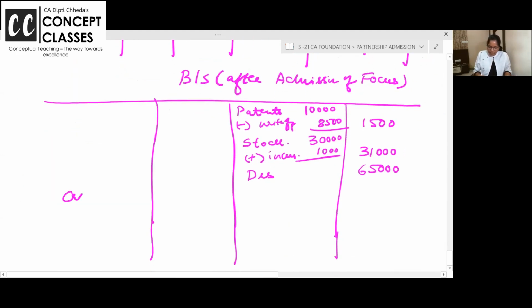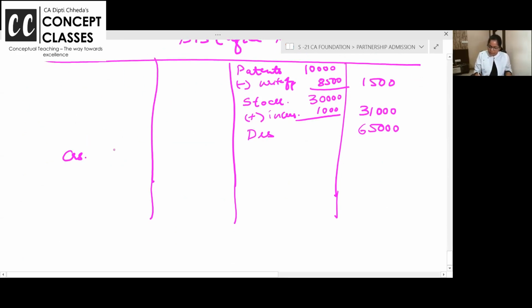Now please come and write here how much creditors are given in the balance sheet. 18,000. And minus how much creditors have you reduced? Decrease. 17,500.